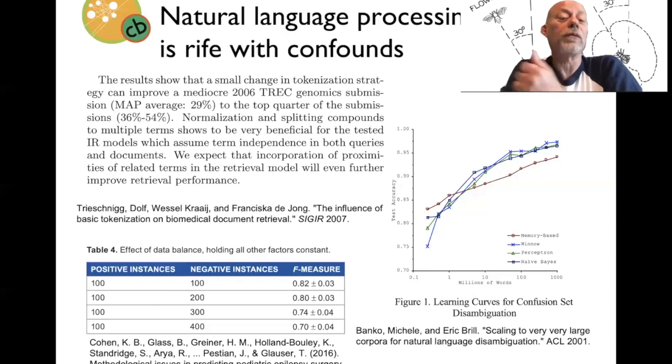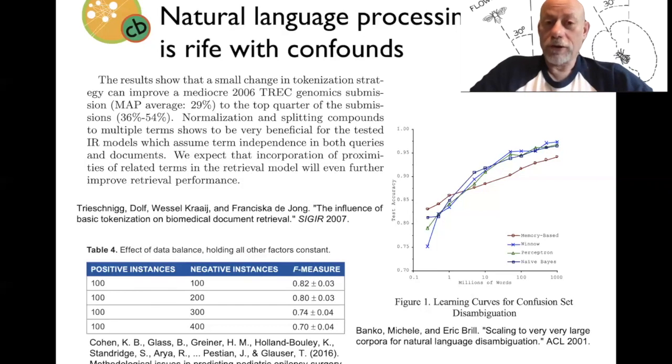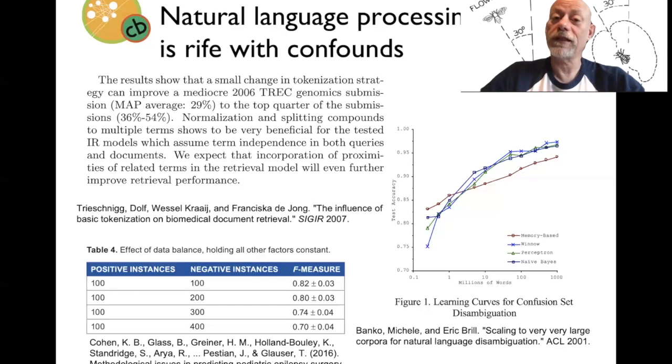And the ordering might be completely different with another amount. Again, another kind of confound where you don't know whether the cause of the performance differences is the algorithm or the amount of training data that was used in those particular experiments. And that's from a paper by Banko and Brill. It was the first natural language processing paper that rocked my world, and I strongly suggest that you read it.